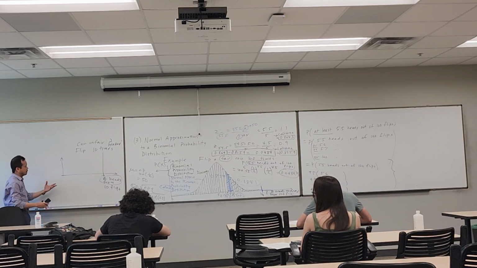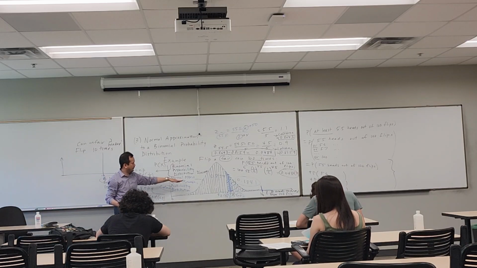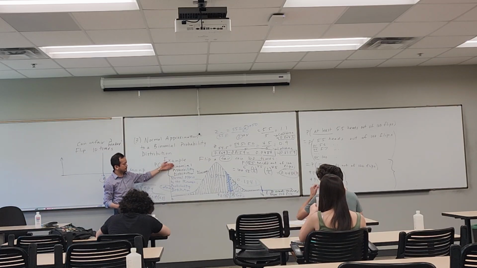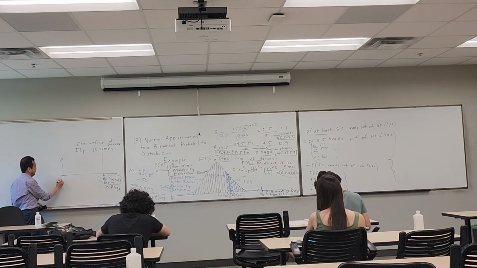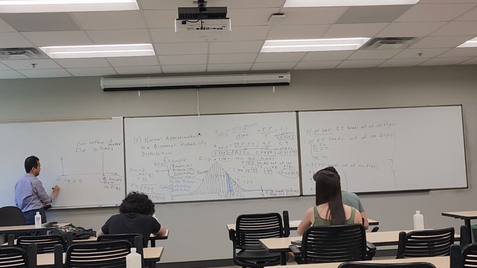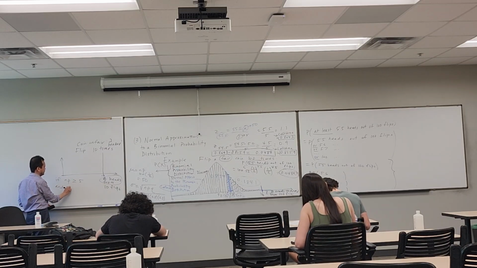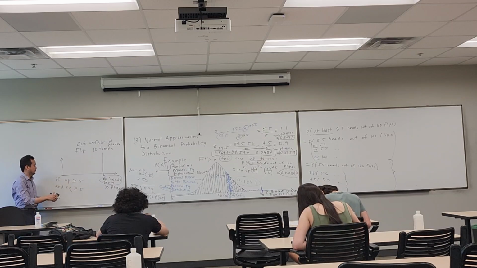So the way we quantify it is we say that you can only fit a bell curve onto a binomial probability distribution if NP is at least 5 and also NQ is at least 5. So in this example, let's see if the assumptions work.